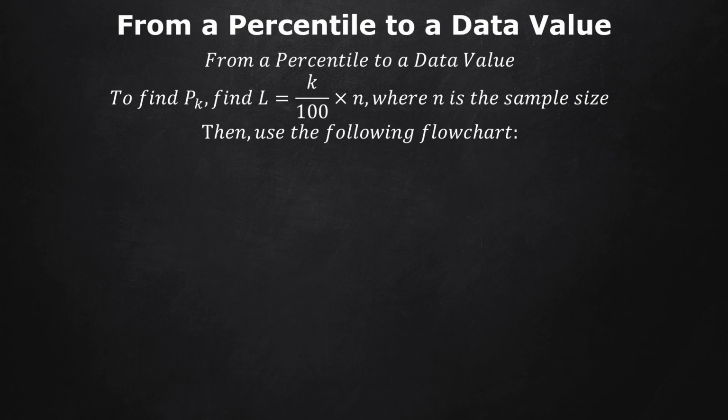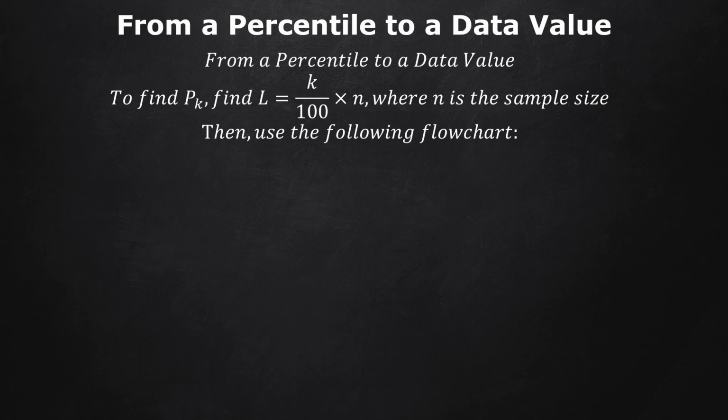L will not be the final answer. It's going to help us find the final answer. L is K, K being the percentile we have, divided by 100 times N, where N is the sample size. So how many data values do we have?